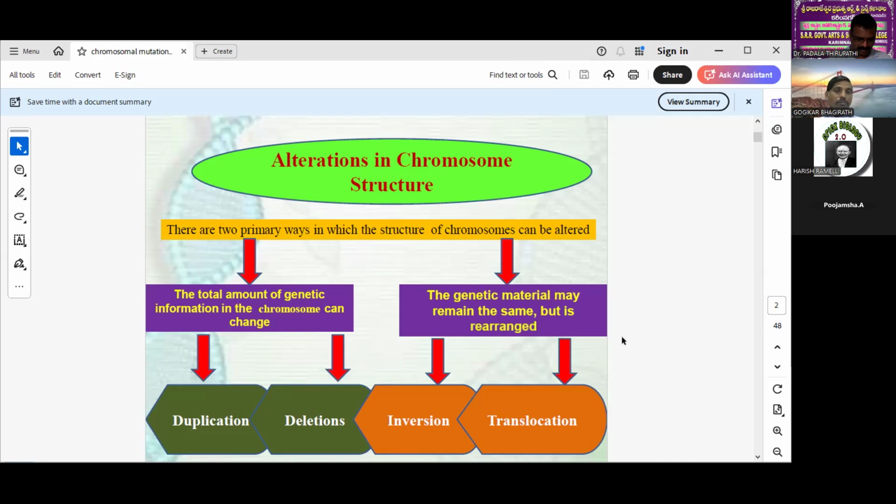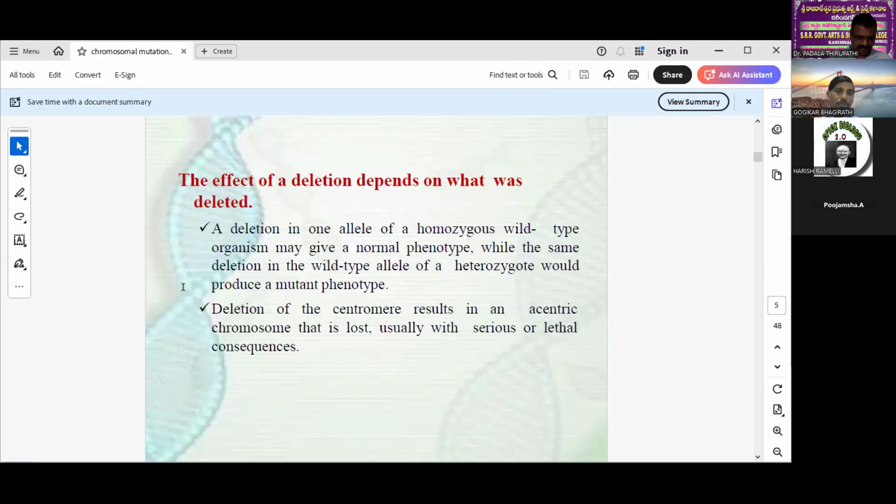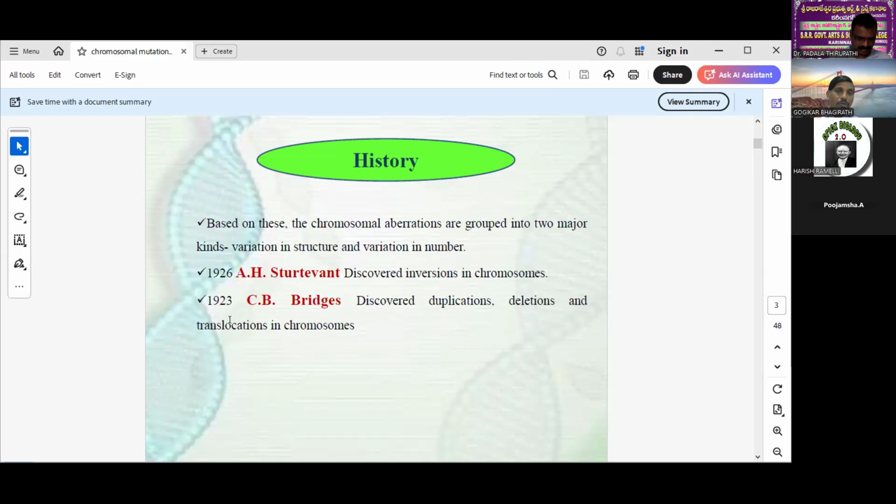Next slide. Chromosomal aberrations are grouped into two major kinds: variation in structure and variation in number.